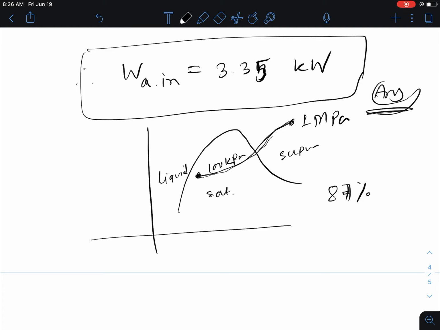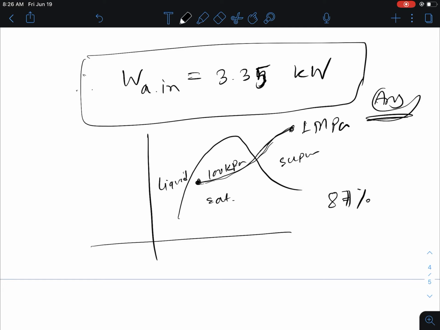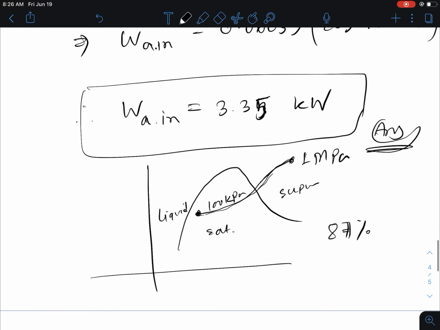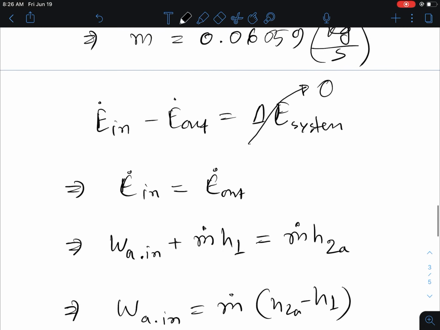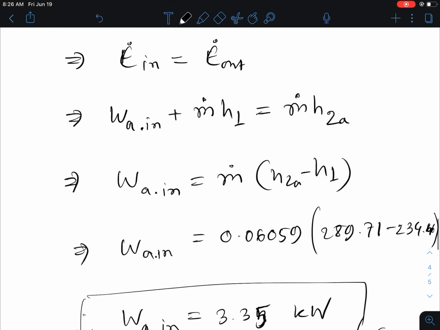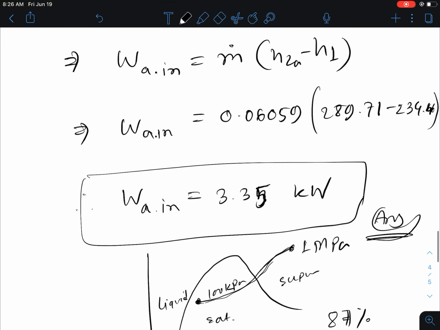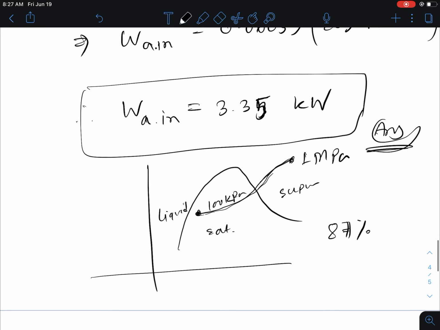So this is something where we have to use the TS diagram, but it's very conceptual for this case. If I give you the problem, I'll ask for only the temperature or the pressure at inlet or exit, as well as the efficiency or the work consumed by that device. So that's all for the math problem based on the isentropic efficiency of the work consuming device.